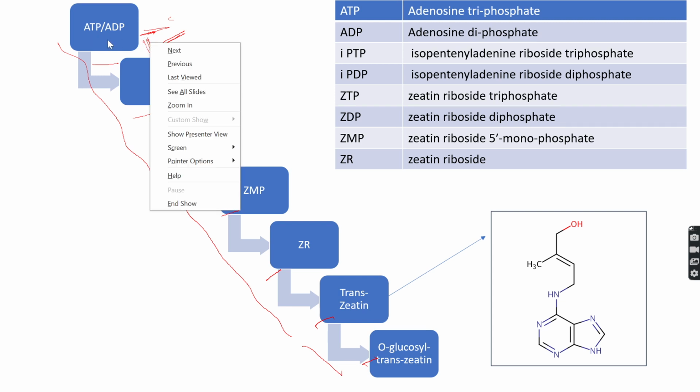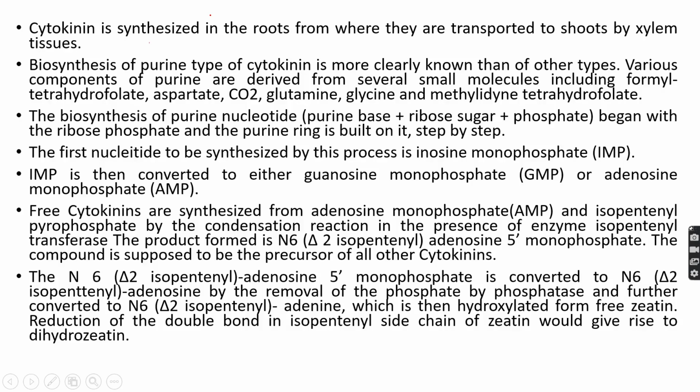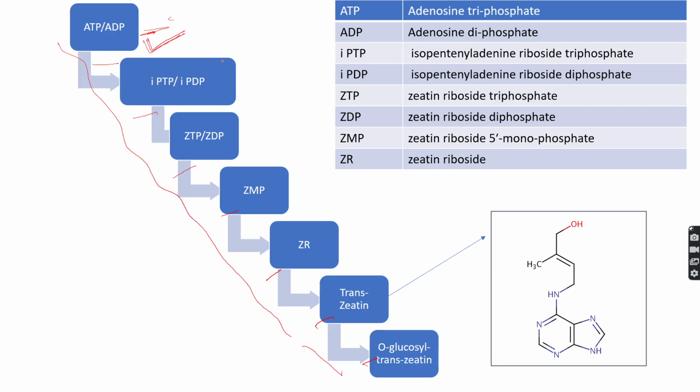So ATP or ADP, adenosine triphosphate or adenosine diphosphate, is converted to iPTP or iPDP, otherwise called as isopentenyl adenine riboside triphosphate or isopentenyl adenine riboside diphosphate.